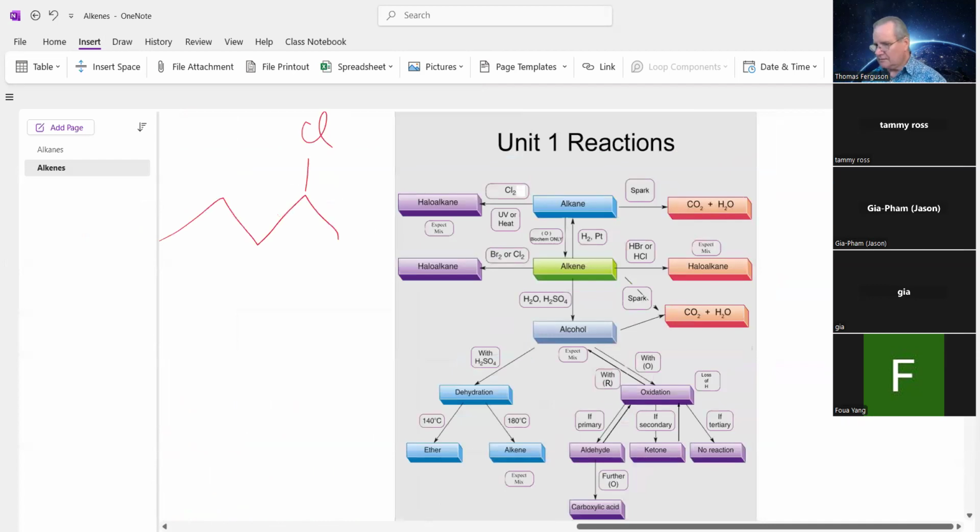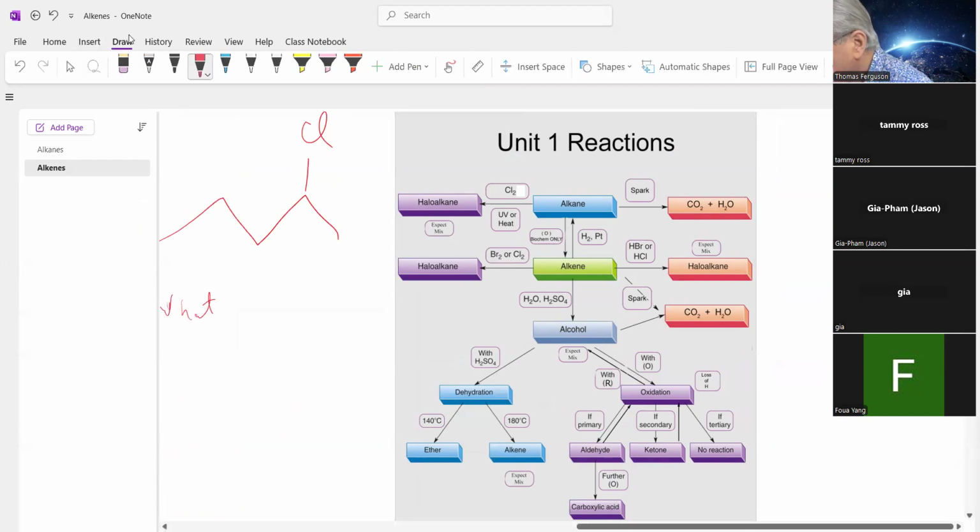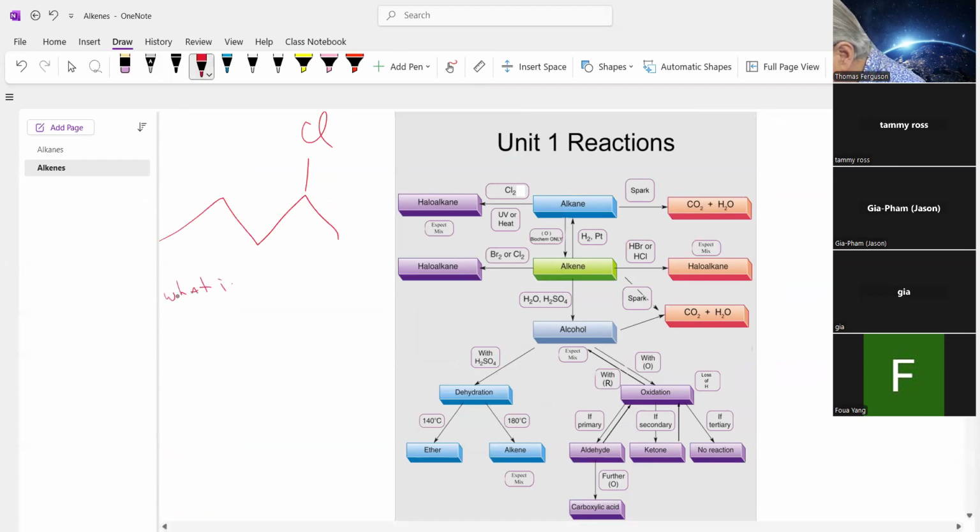So let's use this flow chart on this here. First of all, is it an alkane or an alkene?